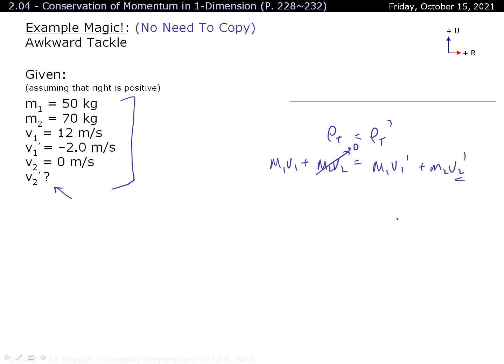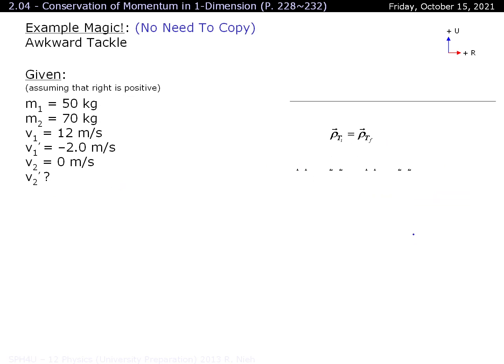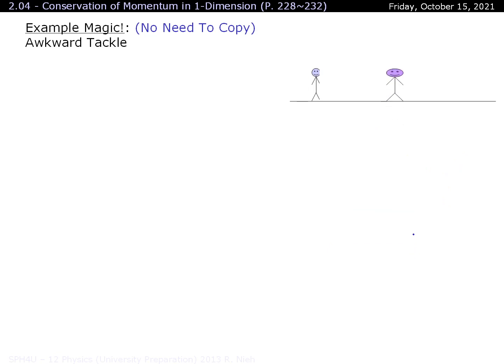And since we're solving for v2', we can just simply bring it over to the other side. So v2' is equal to m1v1 minus m1v1', all divided by m2. We can go through all the number crunching, and we'll get 10 meters per second towards the right for the big guy. If you want to see animation again, here it is.